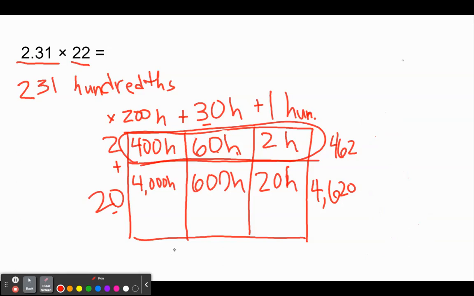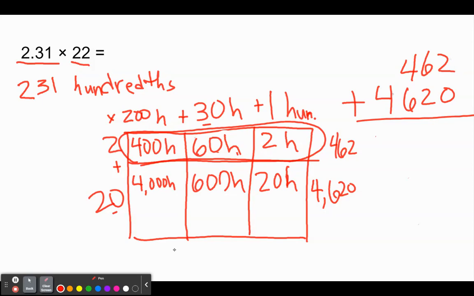Okay, so if I combine them all together, if I have 462 hundredths, and then I have 4,620 hundredths, if I combine them together, 2 plus 0 hundredths is 2. 60 plus 20 is going to be 80 hundredths. 400 plus 600 is going to give me 1,000 hundredths. So I'm going to go ahead and carry 1,000 of those over to the thousands. So I have 1,000 plus 4,000, which is going to give me 5,000 hundredths. So I have 5,082 hundredths, right?